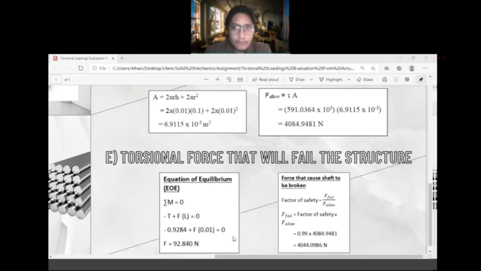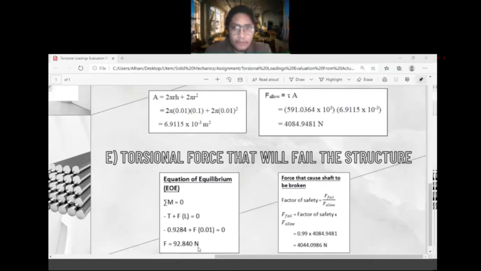Based on the equation of equilibrium, when the total moment is equal to 0, we can insert the value of negative T plus F times the length equals 0, and we get the torsional force value of 92.84 Newton.